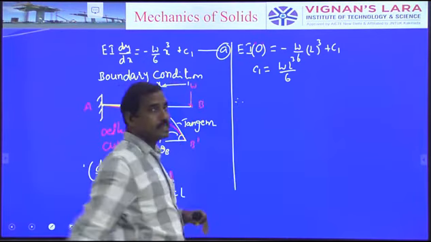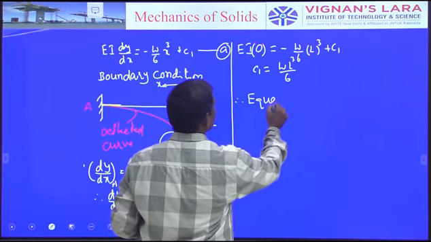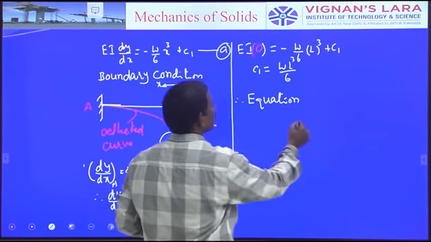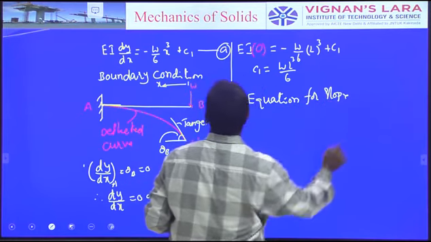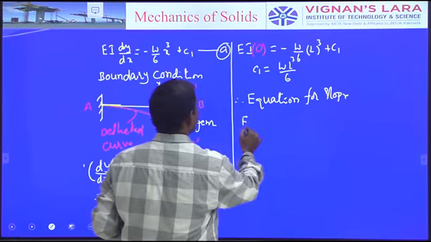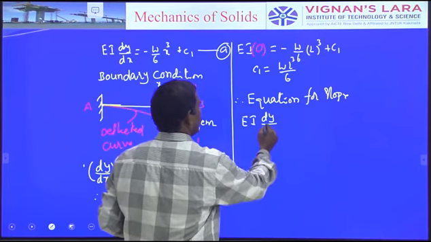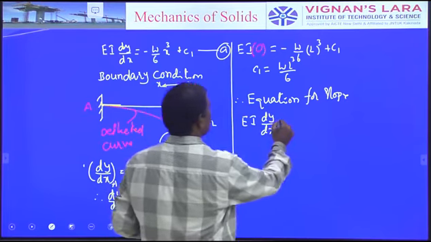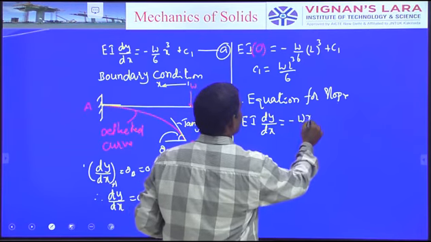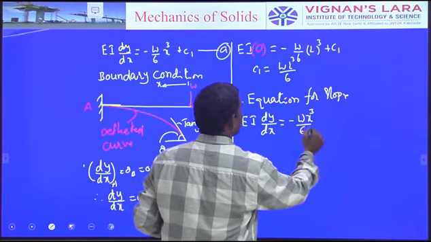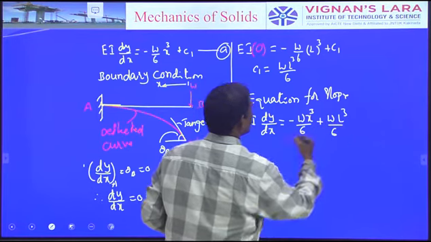Therefore, the equation for slope is EI into dy by dx is equal to minus w x cube by 6 plus w L cube by 6.